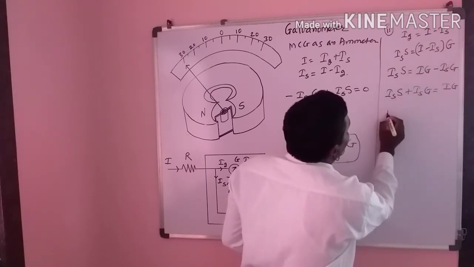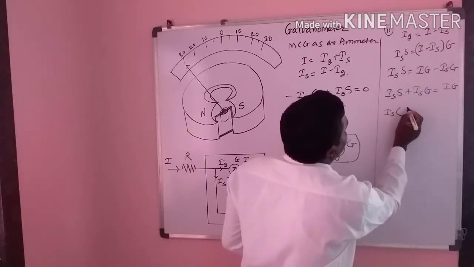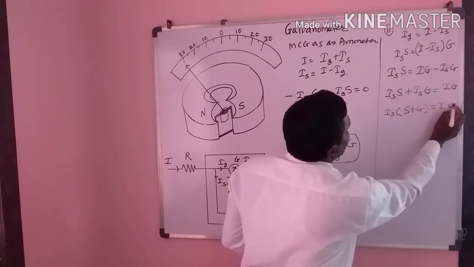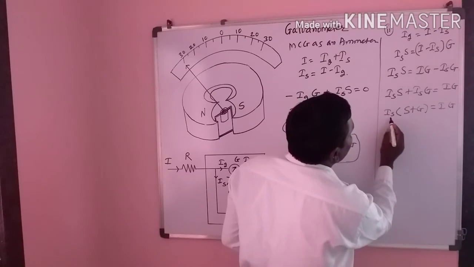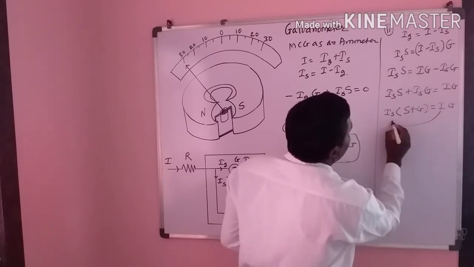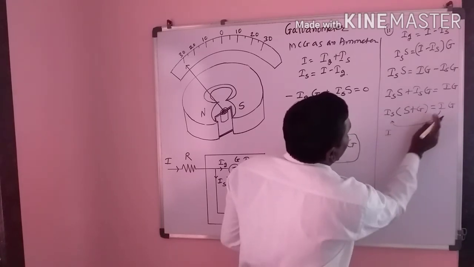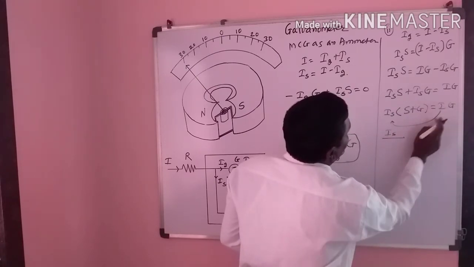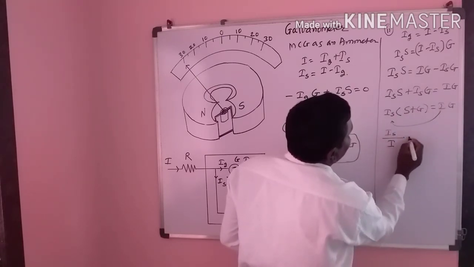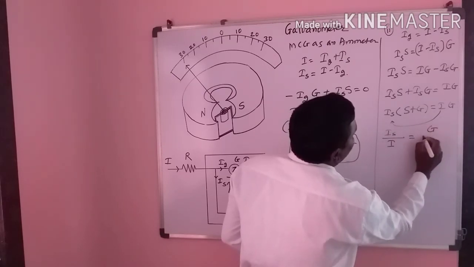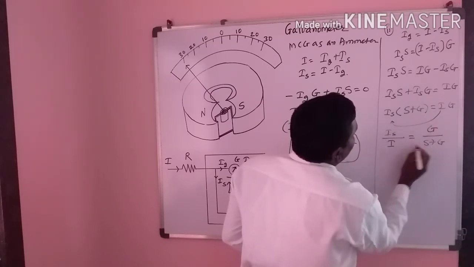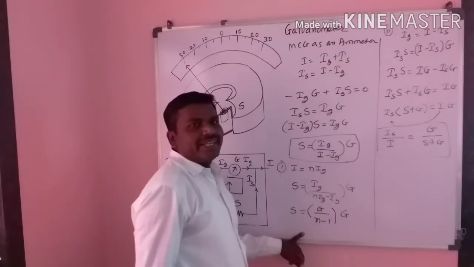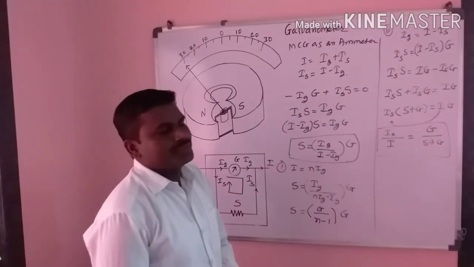Here Is is the common term, so Is(S + G) = IG. From this, the current I in the numerator goes to the denominator, and we write Is/I = G upon (S + G). This equation is called the fraction of electric current through the shunt resistance.